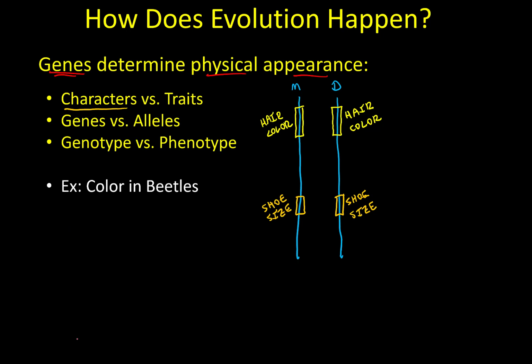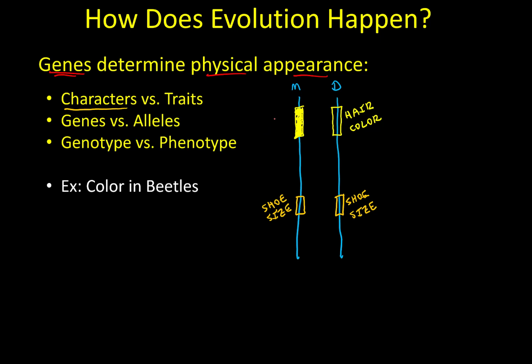Let's get back to talking about our two copies of DNA up here. You've probably picked up that what I have drawn for you are two different genes, and each of those genes is coding for a character, either hair color or shoe size. Now let's talk about how traits and alleles work into this equation. Our hair color gene that we inherited from our mother might code for, let's say, blonde hair. So I'm going to replace hair color with something more specific.